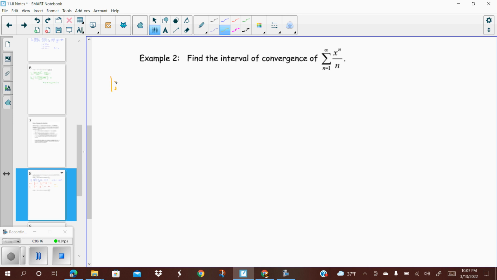So we'll do the limit as n goes to infinity, absolute value, x to the n plus 1 over n plus 1, times the reciprocal, which is n, over x to the n. So the limit as n goes to infinity, reducing, is going to give me x on top, and then n over n plus 1.